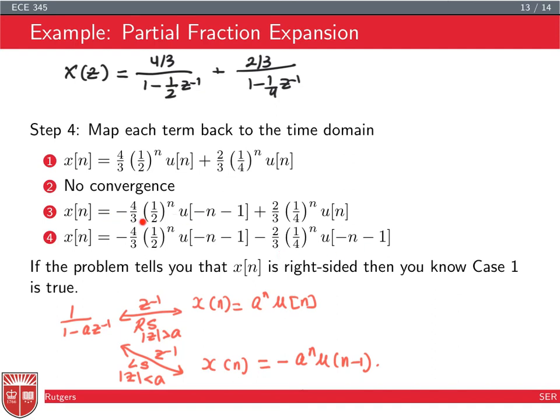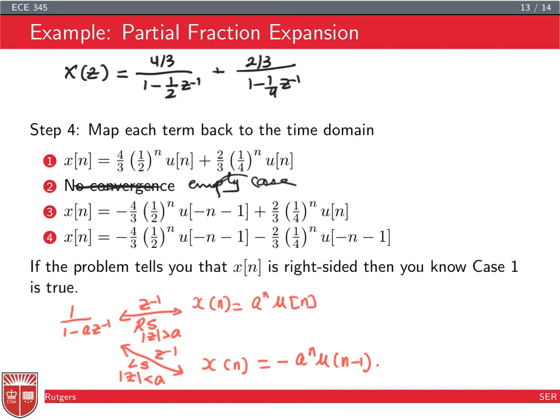And in the middle, the third case here, the first signal is left-sided, and the second signal is right-sided. And the second case does not exist. Here I wrote no convergence, but it should actually be an empty case. So this case does not exist, meaning there is no z that satisfies these conditions.